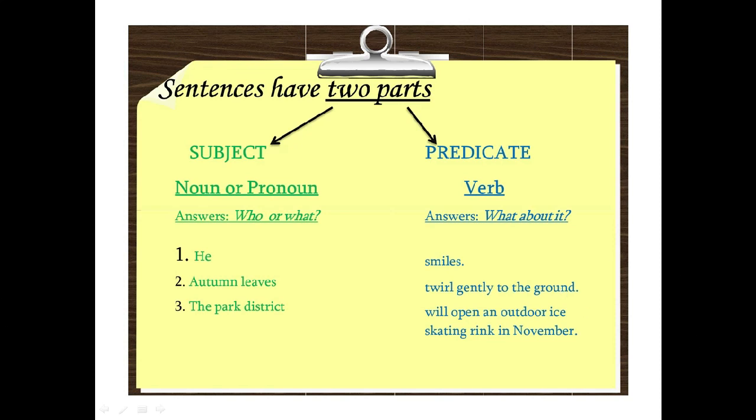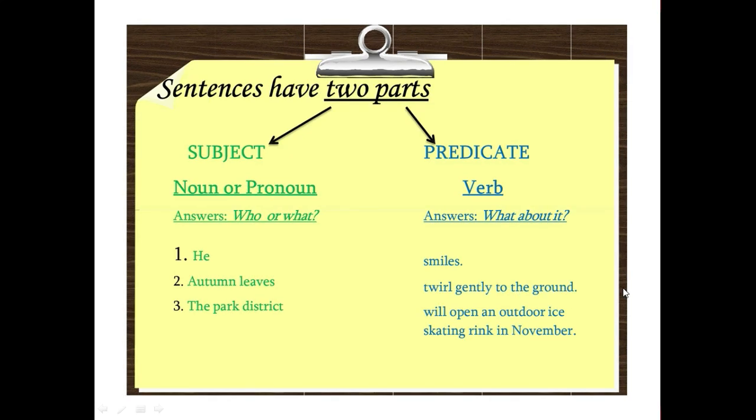For example, if you see the third sentence, the park district, here the word the is an article, but it is falling in the part of subject. So the park district is my subject, will open is my verb, but then with verb there are other words also added to it, that is an outdoor ice skating rink in November. So the latter part of the sentence is my predicate.